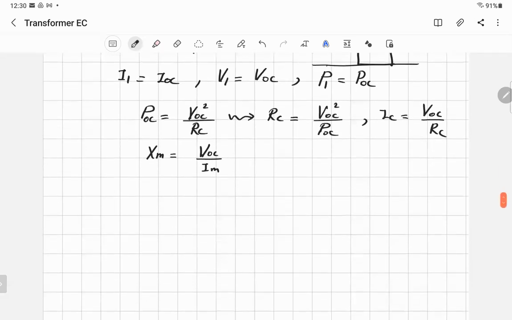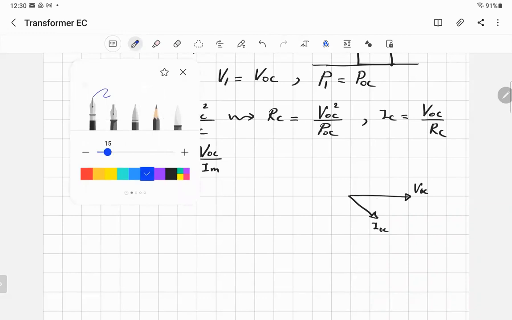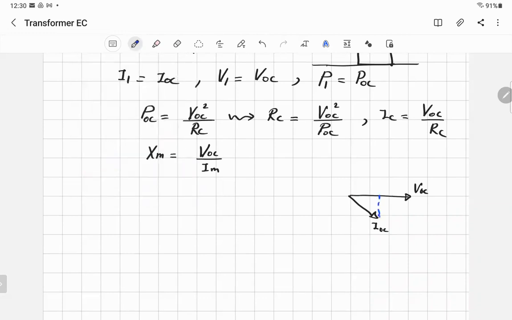Let me show you what it means. That's the voltage of open circuit, and that's the current, lagging almost. That's I open circuit. So if you make a resolution, you will find that there are two components, one component here and one component there. The component in the same direction as the voltage is the one that consumes power.